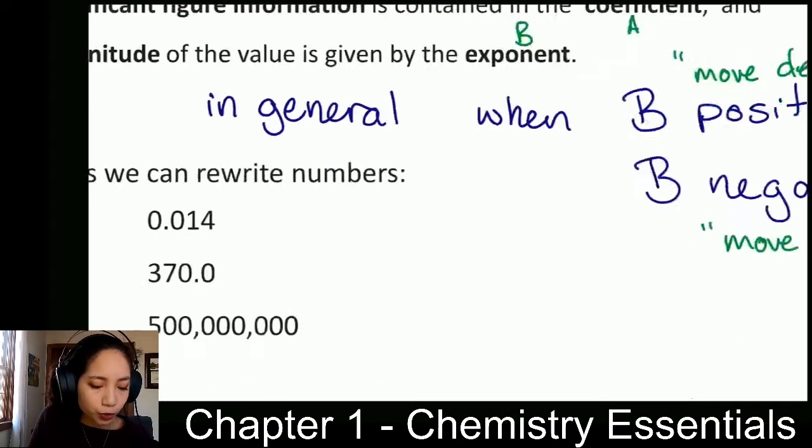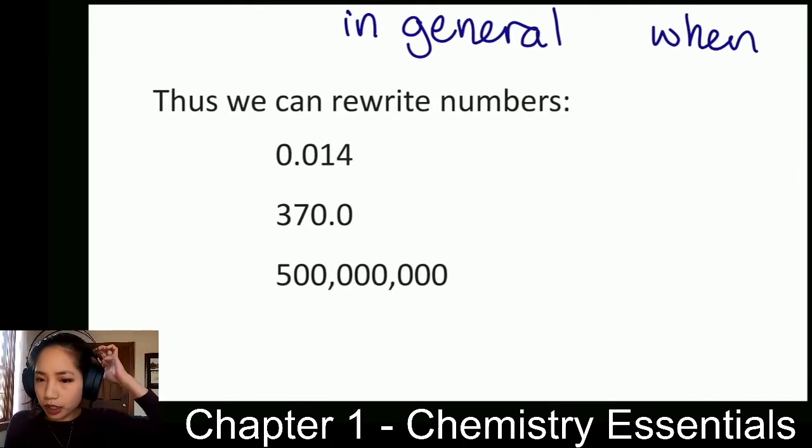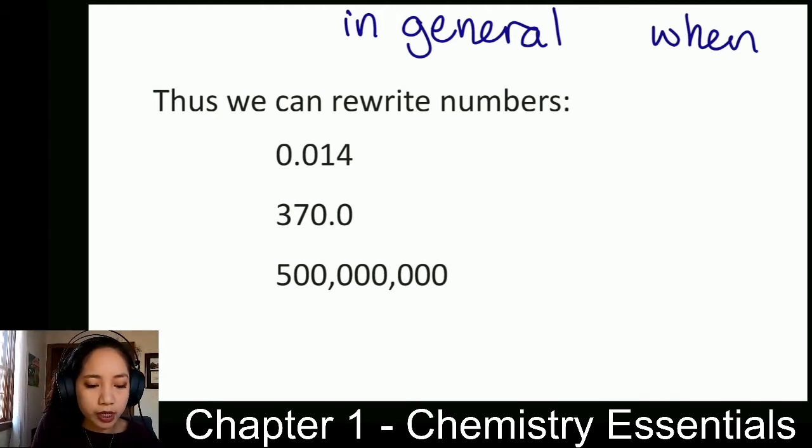All right, so let's rewrite some of these numbers and kind of think through the logic here to put them into scientific notation. So in this first number, 0.014, in my mind, I think it's a small number. It's less than 1, so our exponent will be negative. All right, so how I usually do this is I locate the decimal place and count how many places I would have to move the decimal place to make the a value between 1 and 10.